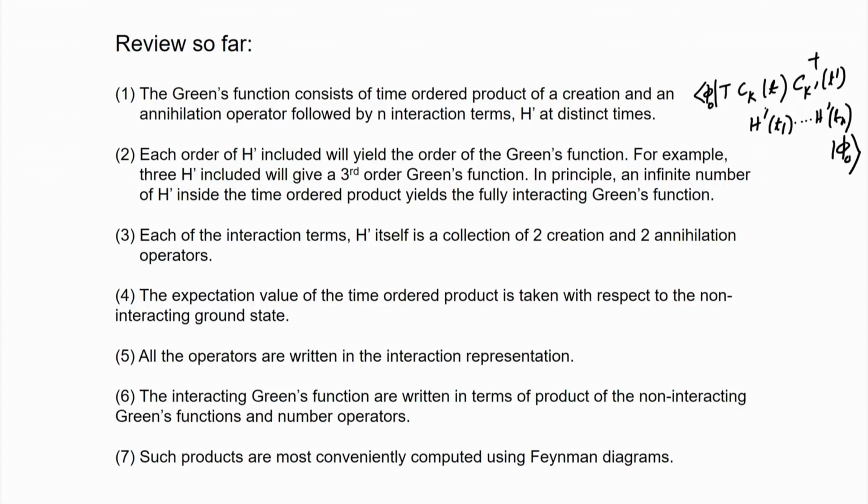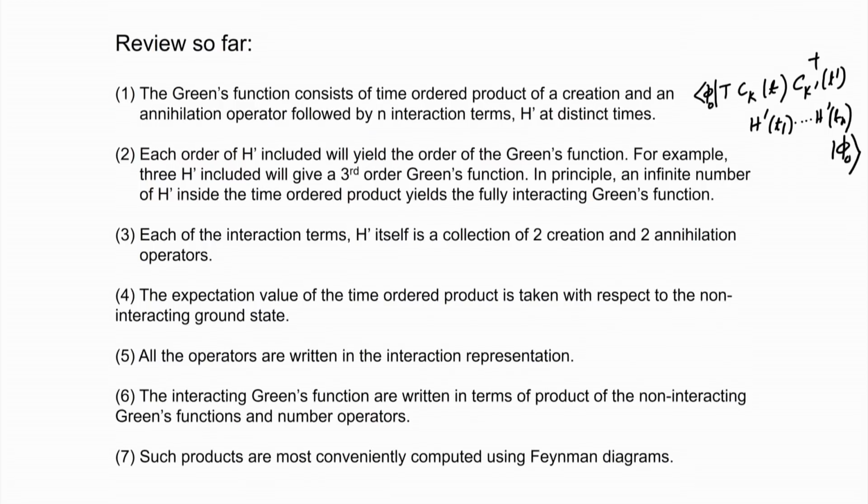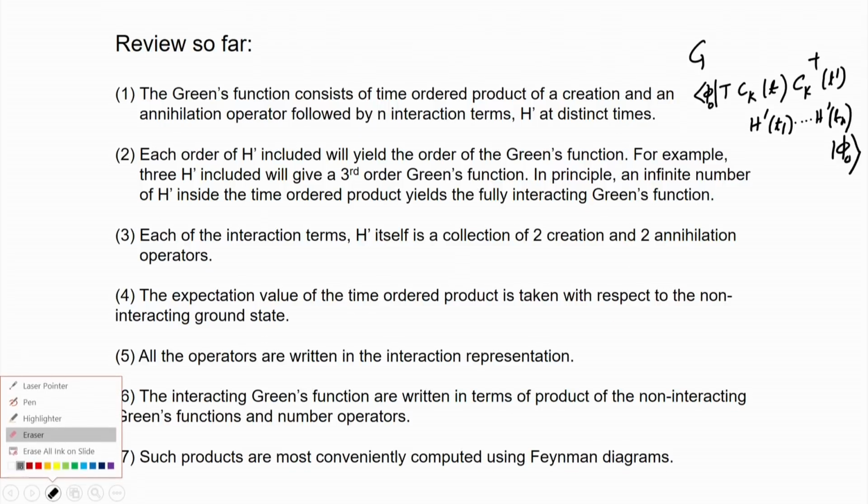So, this is one annihilation term, and there is a creation term, and this thing, along with a minus i, is the same as my g k, and it is a g k and t minus t prime.